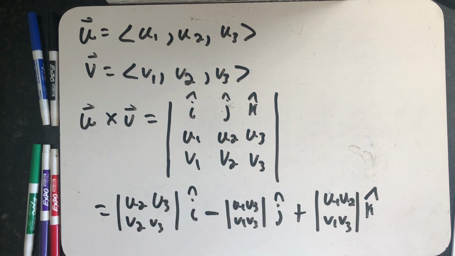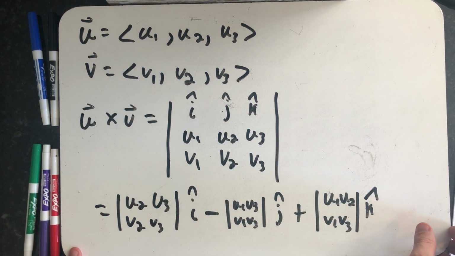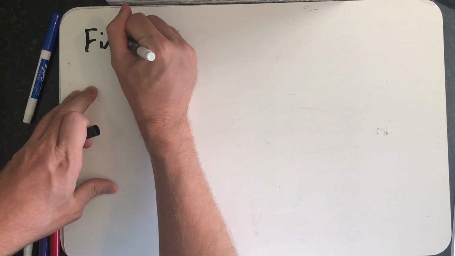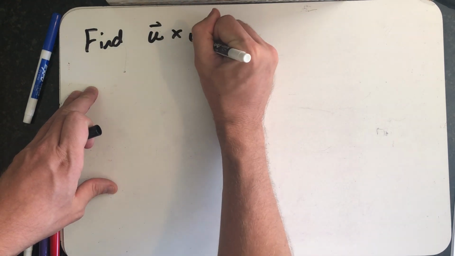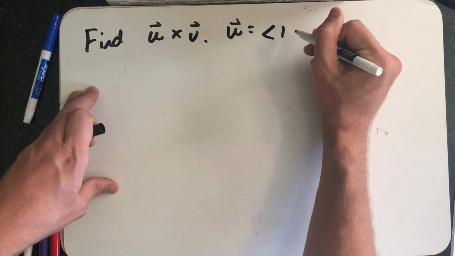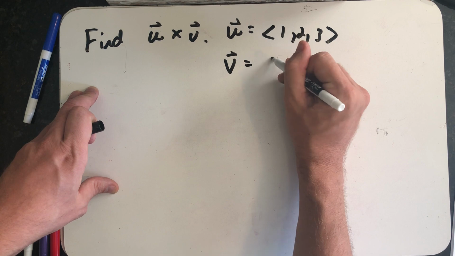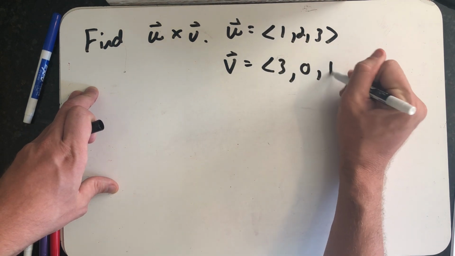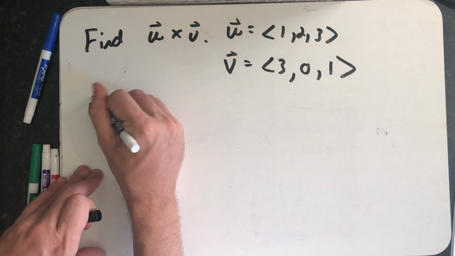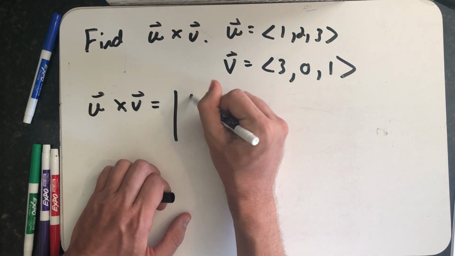Okay, so let's actually evaluate a cross product using this formula. Find U cross V, for vectors U is the vector 1, 2, 3, and V is the vector 3, 0, 1. To me, U cross V is always this determinant.